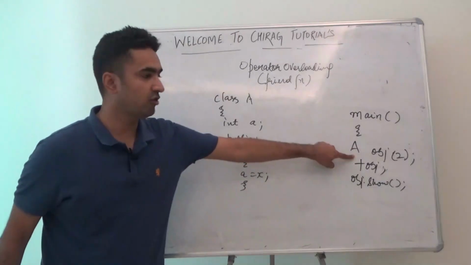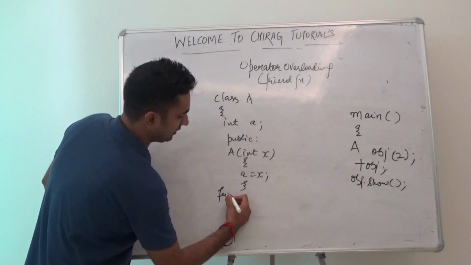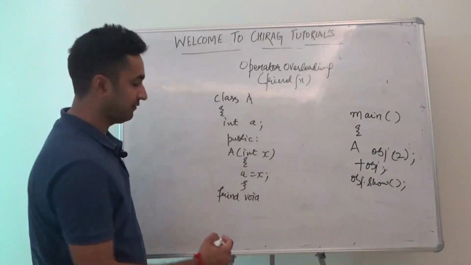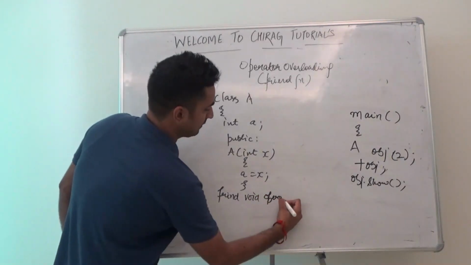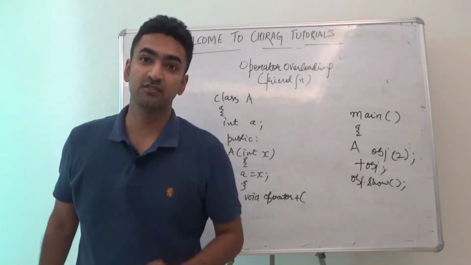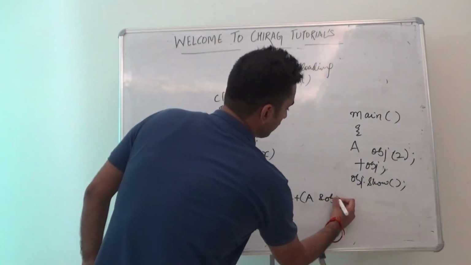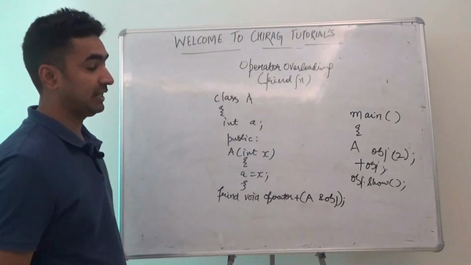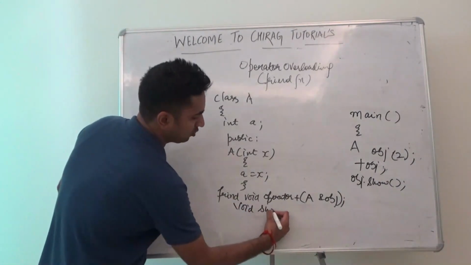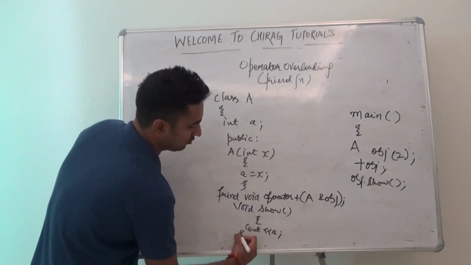For calling it using friend function, what I'll write is friend void, there is no returning of any value, so I'm writing void operator plus, and in friend function the object is always passed as an argument, so you just write A followed by address of obj. We have declared it inside the class, and obviously we'll write void show, which will display the value of this.